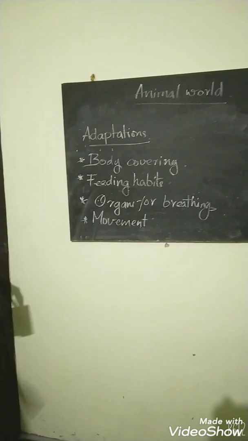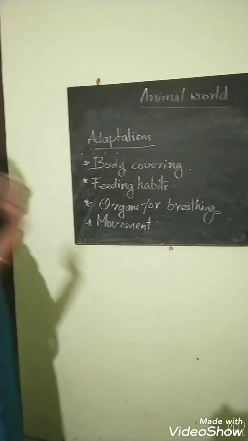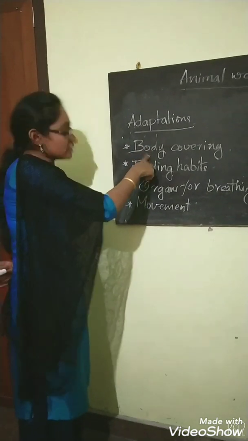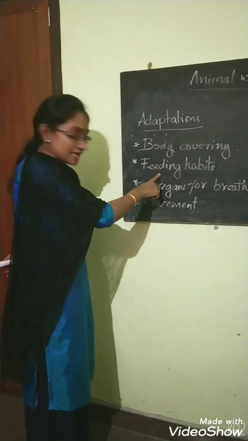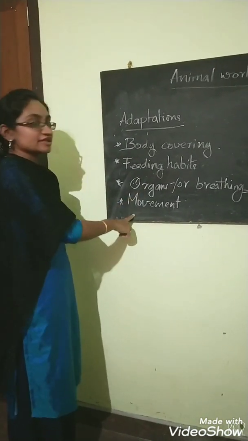So these are the four adaptations that animals use for their survival. The first one is body covering. The second is feeding habits. The third is organs for breathing, and the fourth is movement.